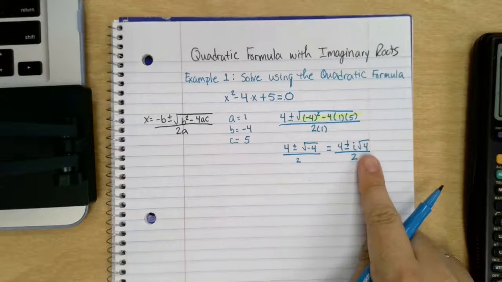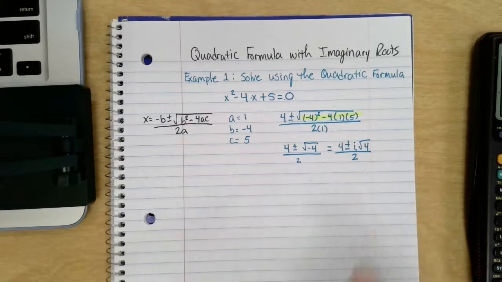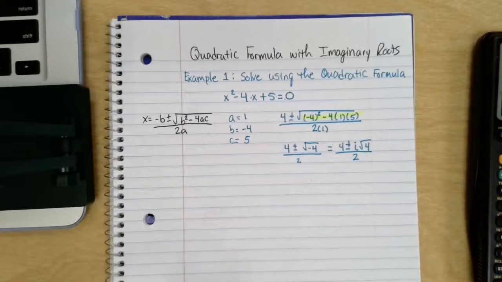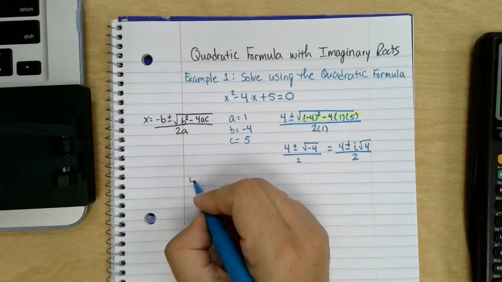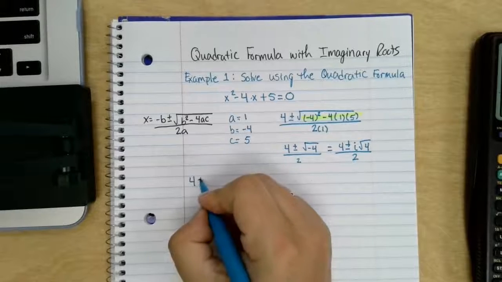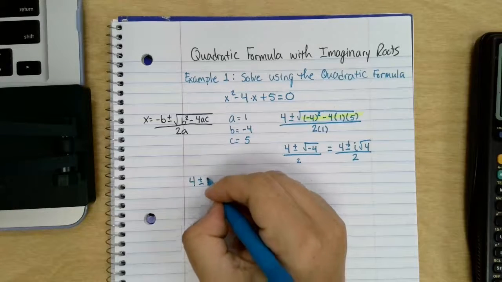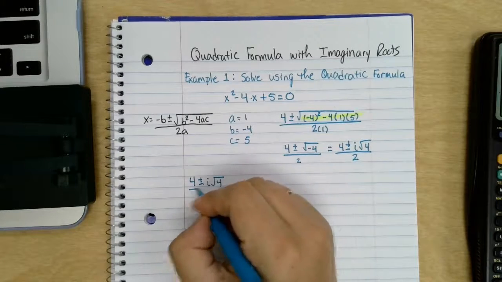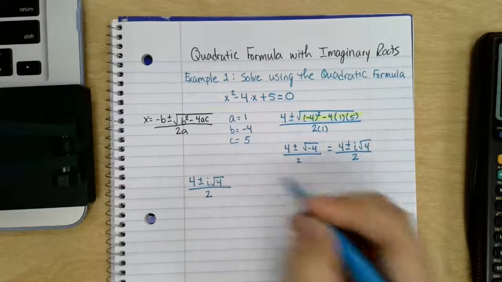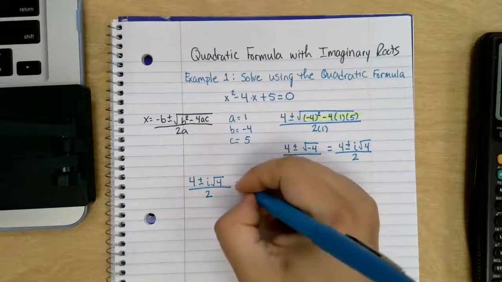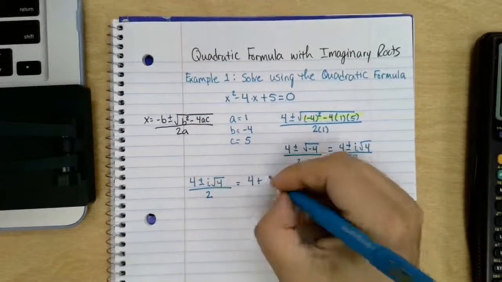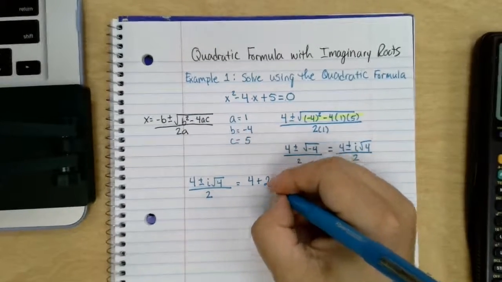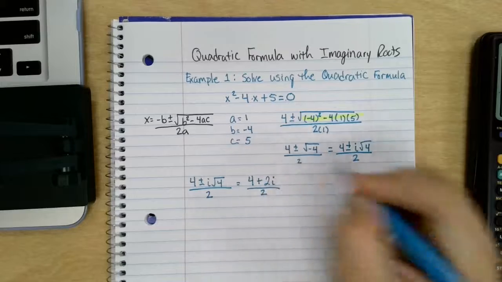Now I can simplify the square root of 4 like I normally would if there hadn't been a negative there. The square root of 4 is 2, so this is really going to be 2i divided by 2.